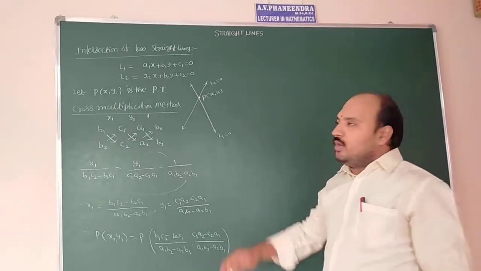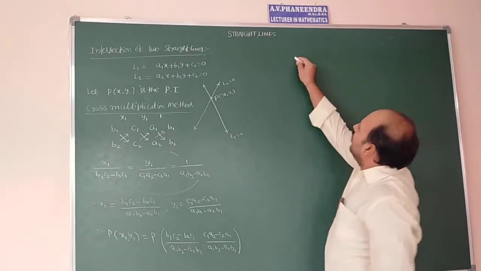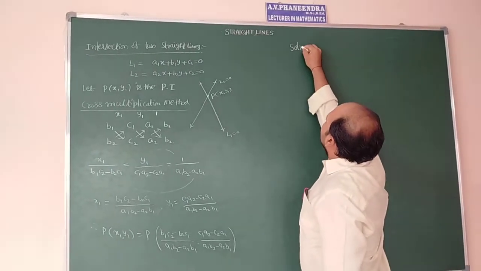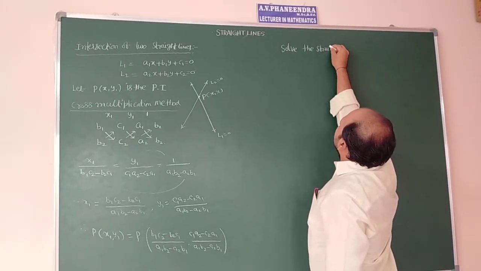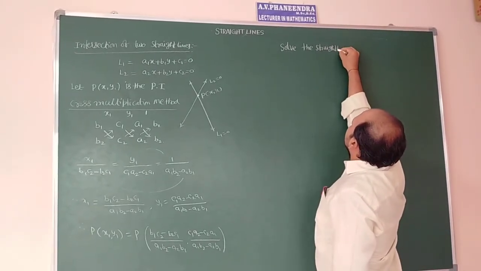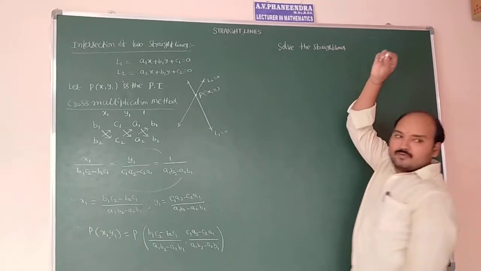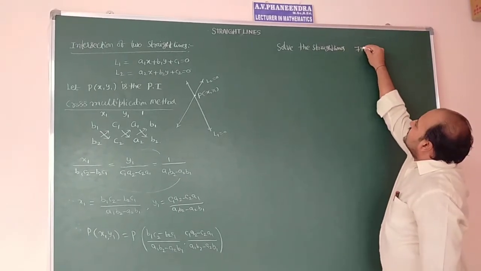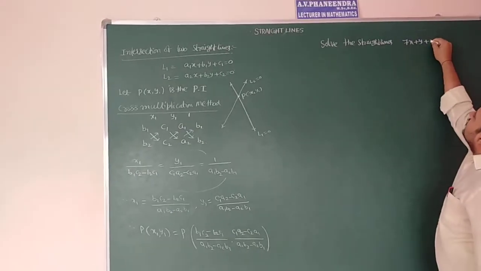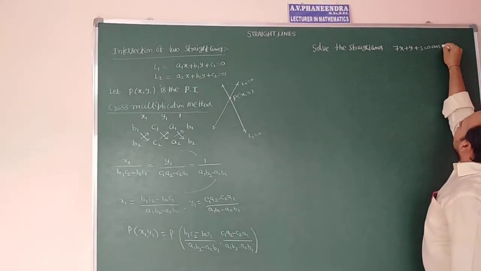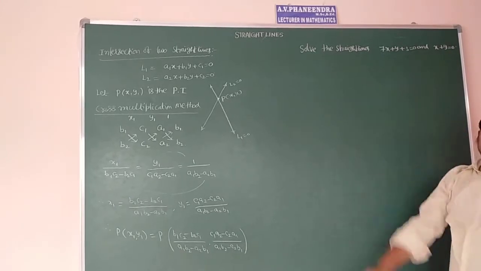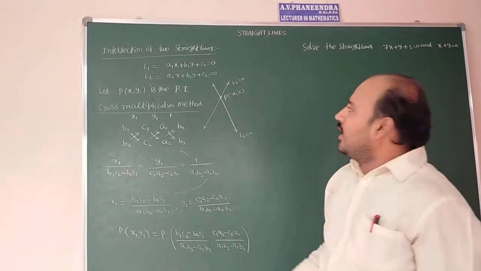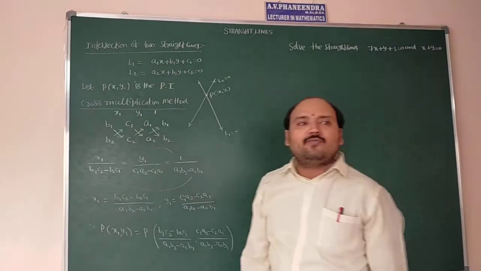I'll take one example based on this concept. Solve the straight lines 7x plus y plus 3 equal to 0 and x plus y is equal to 0. Solve means they are asking to calculate the point of intersection of two lines.